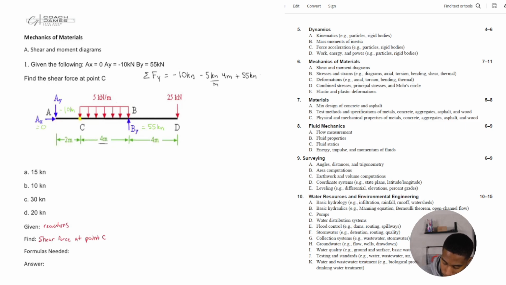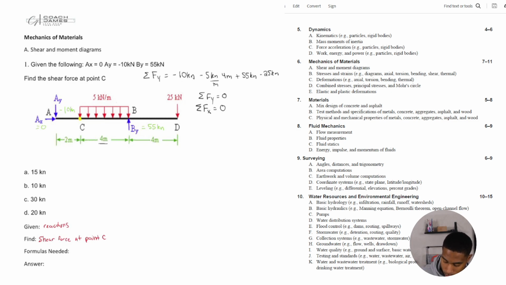And we have one more force acting at point D, coming down at 25 kilonewtons. When I add all these up, I get 0. So I know that this is a balanced beam. Also, the sum of the forces in the x direction is equal to 0, and the only force potentially there is AX, which is equal to 0.